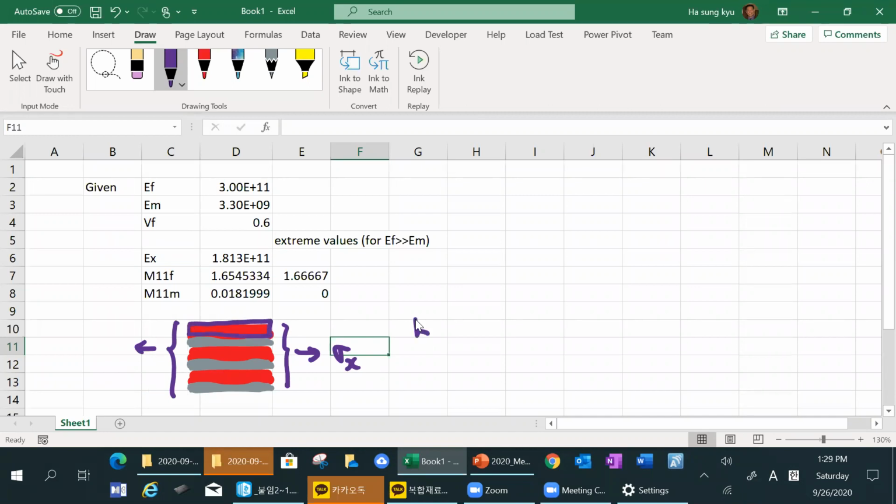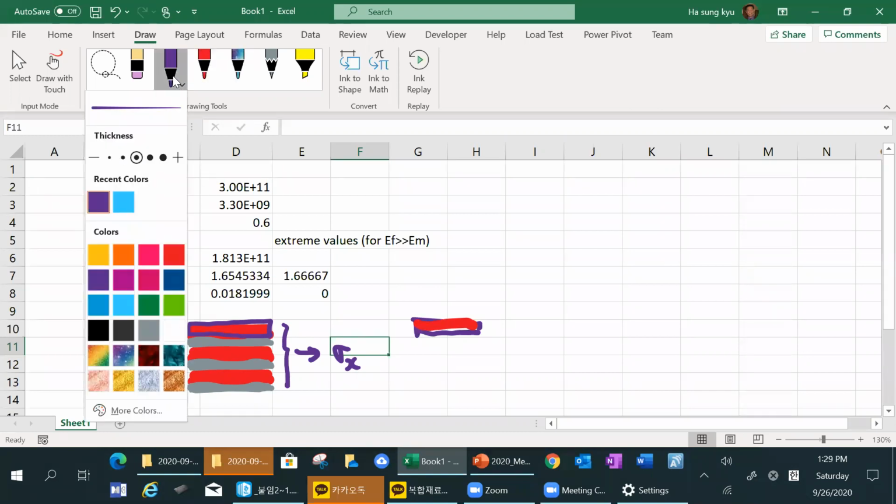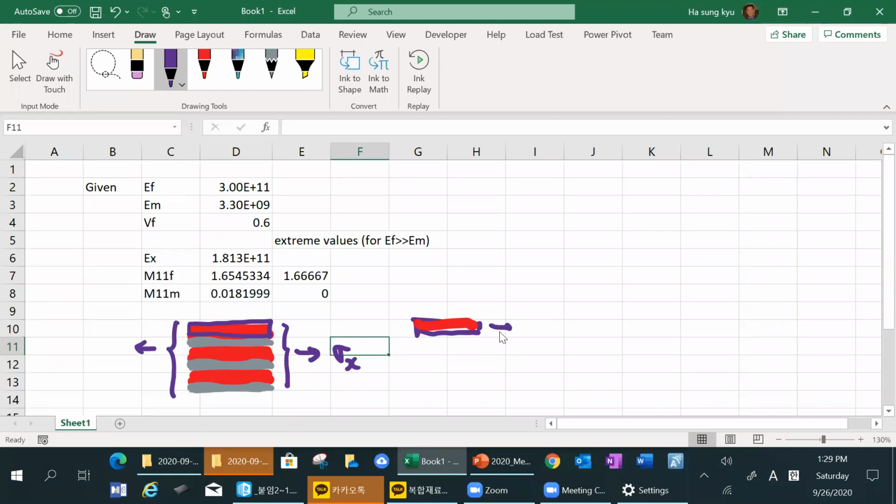So let's say this fiber has sigma x in fiber. By definition, sigma xf equals M11F times sigma x, right?